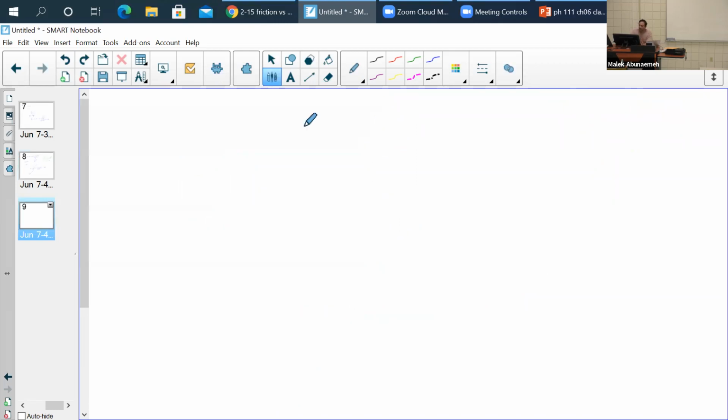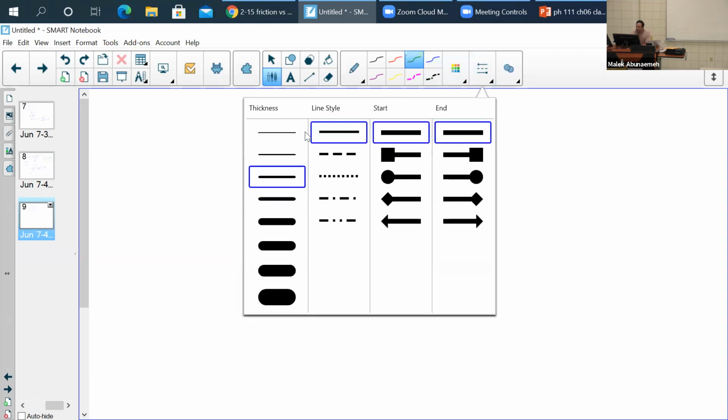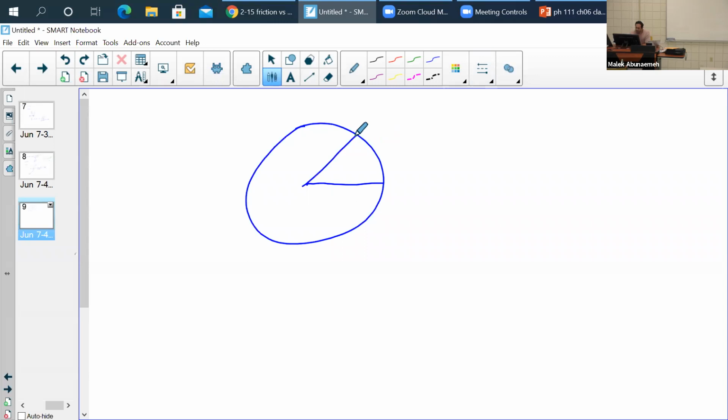So when you're actually going in a circle, let's say this is your central circle and you're at this point over here. You go from this point to this point, and you have an angle, let's call it theta.